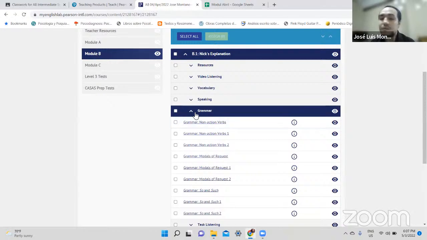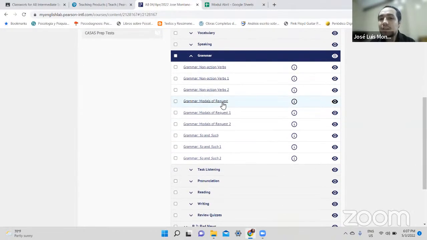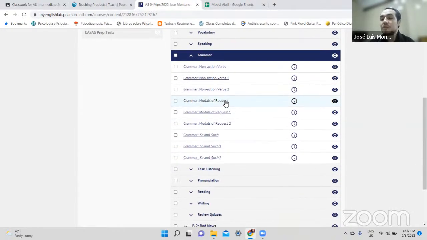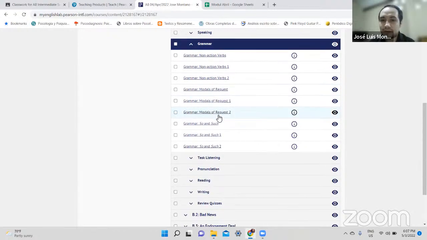That's action or non-action verbs. Then you had modals of request. You know that you can use can I, could I, also will, also would. There are many ways of asking for something, of offering something, or requesting something.